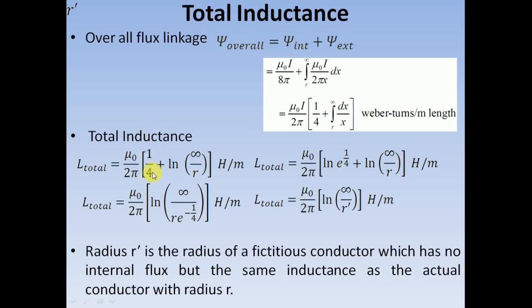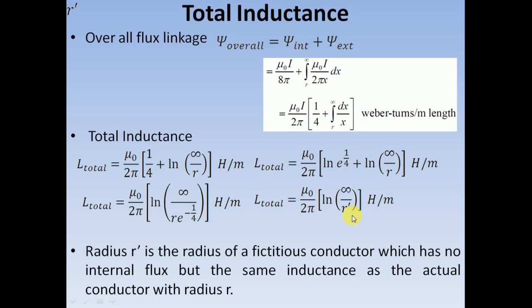This 1 by 4 can also be written in terms of natural log as natural log of e raised to 1 by 4. Thereafter, taking this e raised to 1 by 4 to the denominator, we get the total inductance as μ0 by 2π natural log of infinity by r e raised to minus 1 by 4, and this r e raised to minus 1 by 4 is generally represented as r dash. So this r dash can be said to be the radius of a fictitious conductor which has no internal flux.